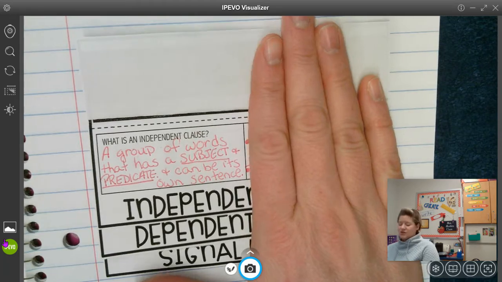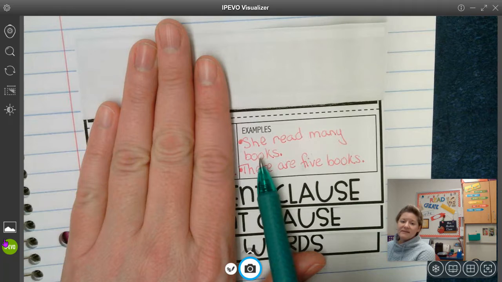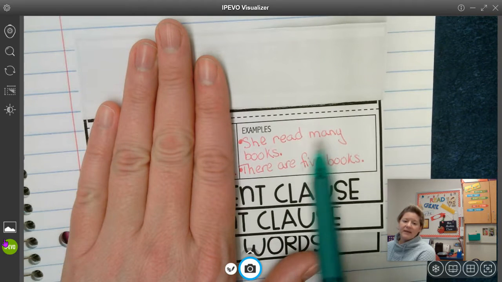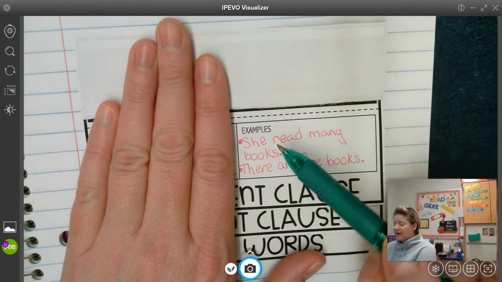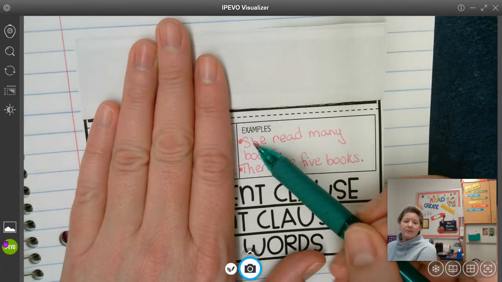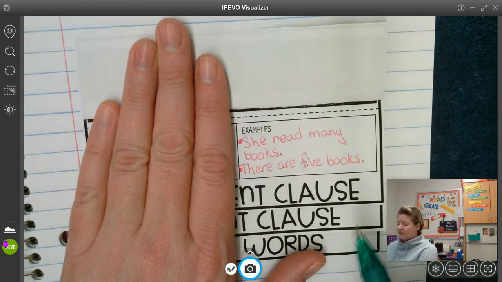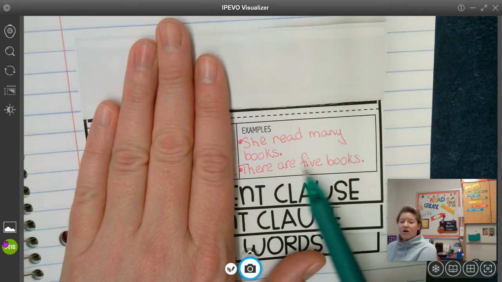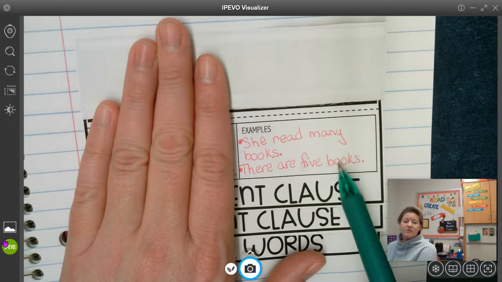Once you have that definition down, let's go ahead and look at some example sentences. So if I had a sentence like, she read many books, I have a subject and I have a predicate. My subject is she. I'm talking about she. What did she do? She read. Okay, we know that. There are 5 books. What's our subject? Books.